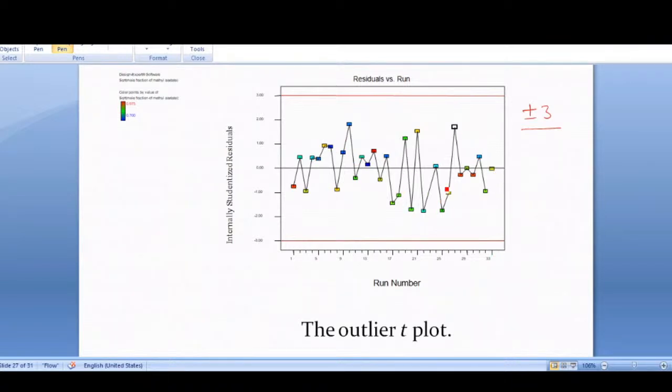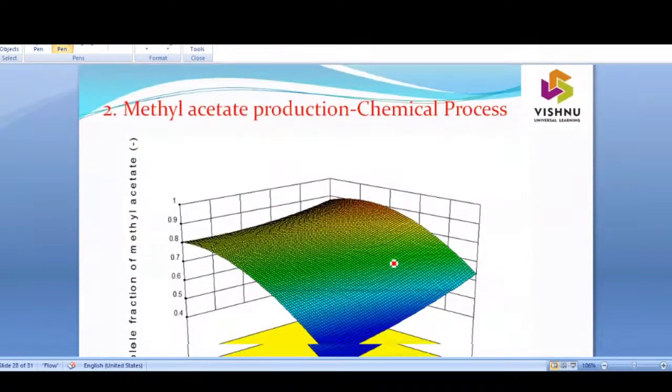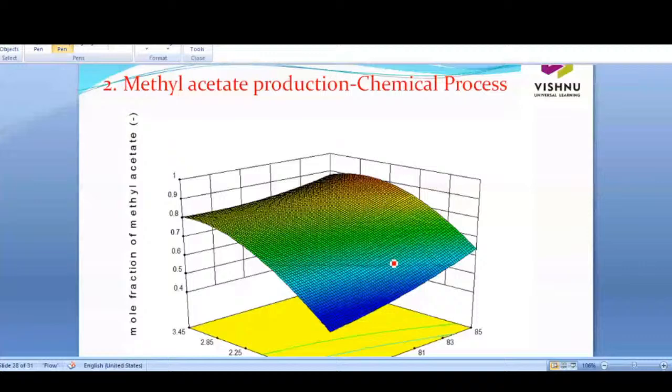Out of 34, if even one experiment is beyond plus or minus 3 for the internally studentized residuals, then the design is not suitable. That means all the experimental runs should be within plus or minus 3, then the model is fit. It is a very good indication of the goodness of the fit.